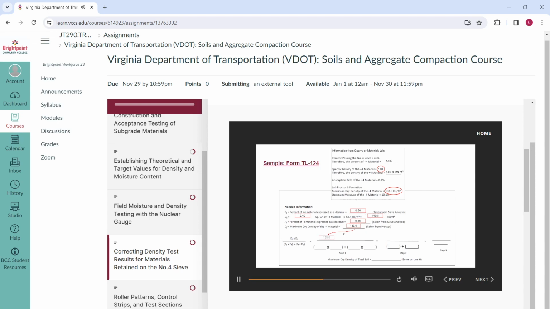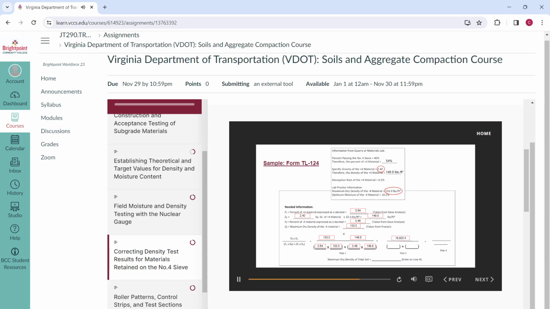In the numerator, we will first take D sub F, which is 133, and multiply it by D sub C, which is 149.8. In the denominator, we will take 0.54, which is our P sub C, and multiply it by D sub F, which is our maximum dry density of the -4 material. We will add to that 0.46, which is the percent of our -4 material, and we will multiply that number by D sub C, which is our 149.8, the density of our +4 material.